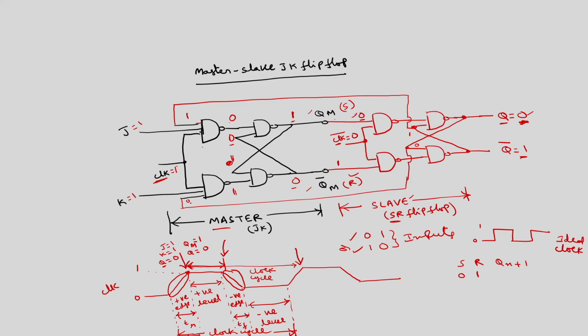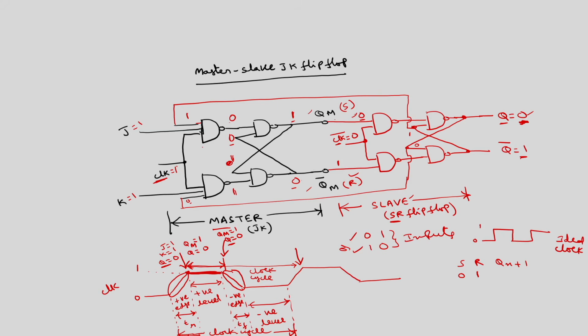Here also, at the end of this positive level, where clock is equal to 1, Qm becomes 1, Q becomes 0. Means starting with Q equal to 0, throughout this level Q remains 0 only. Okay. It has not changed the output.